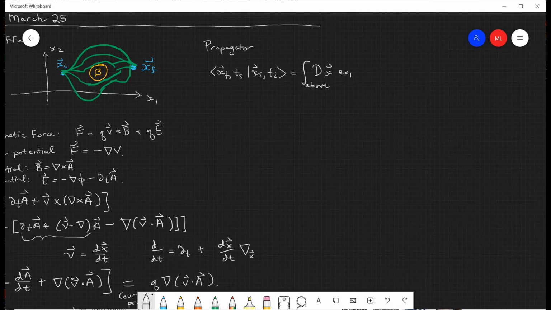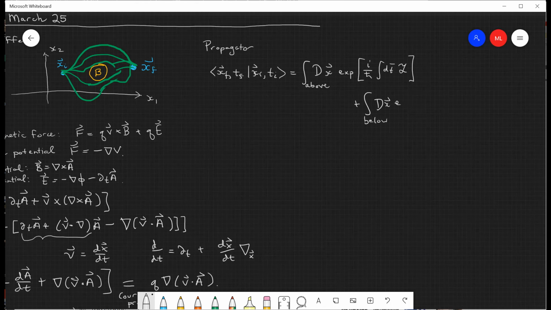And again, we have the exponential of i over h bar times the integral over time of the classical Lagrangian. And then we can also add all the ones below, and that'll give us all the possible paths. Each path is either above or below the cylinder.